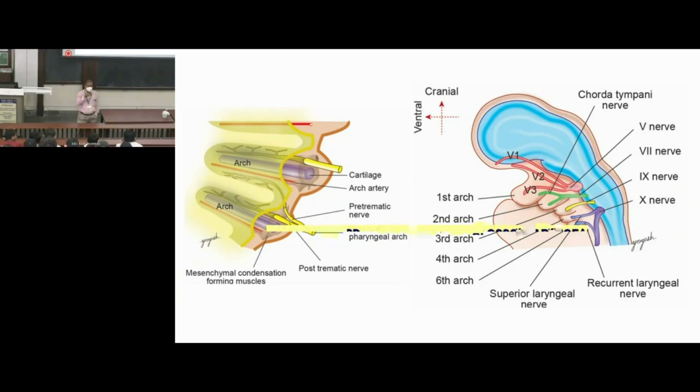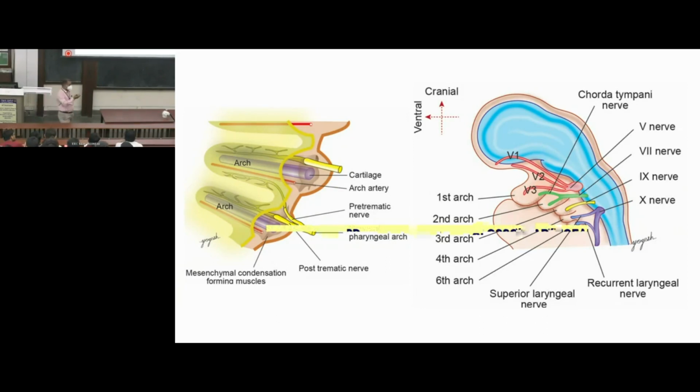Now, you haven't learned, but I'll tell you right now. Chorda tympani nerve. What is its role? Its role is to carry taste sensations from the anterior 2/3 of the tongue. Otherwise, logically, we have not learned development of the tongue. Tongue is also supplied by a nerve called the lingual nerve.